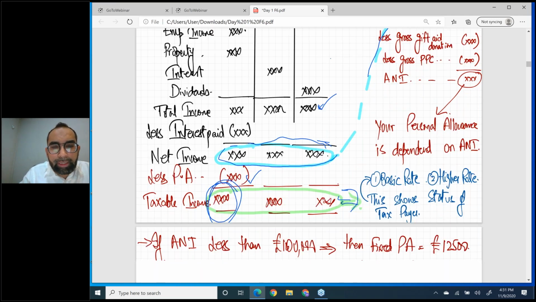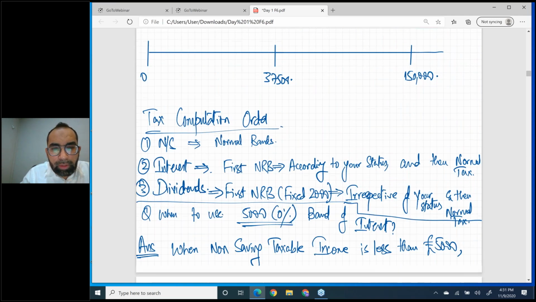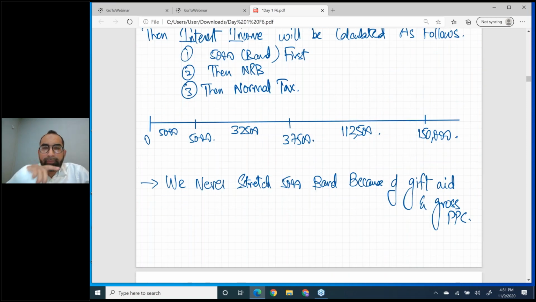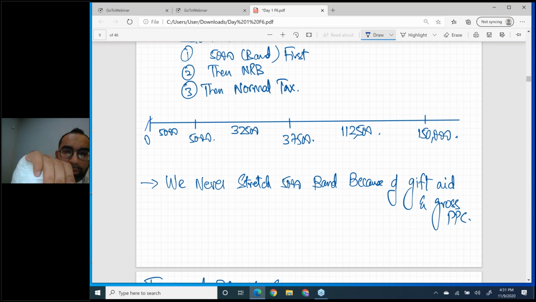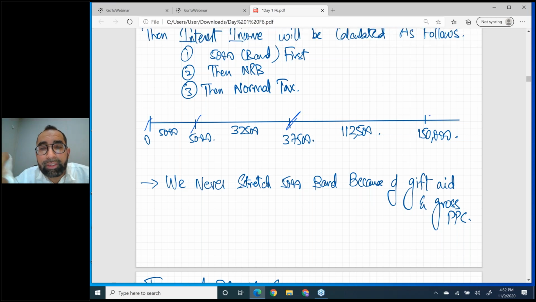Sir, can you tell us through a timeline? Yes. If your non-saving income column's final answer is less than 5,000, then this timeline will be used. Your bands will be like this: 0 to 5,000 first band, then 5,000 to 37,500 second band, and then 37,500 to 150,000 third band.